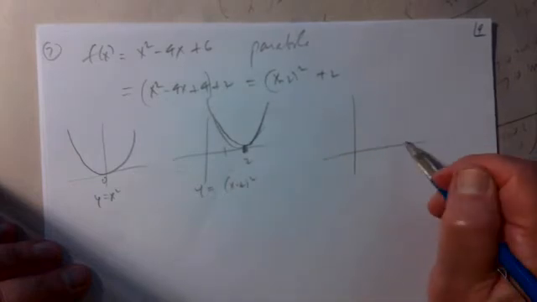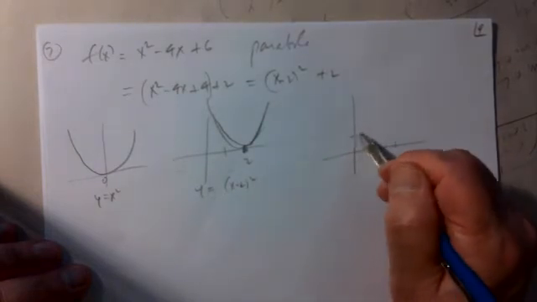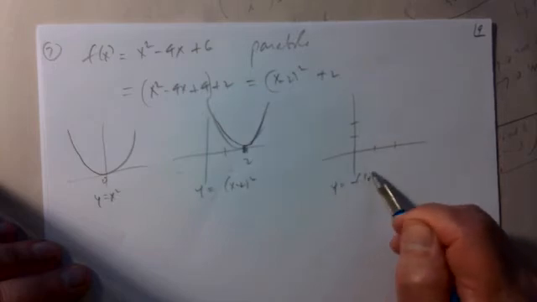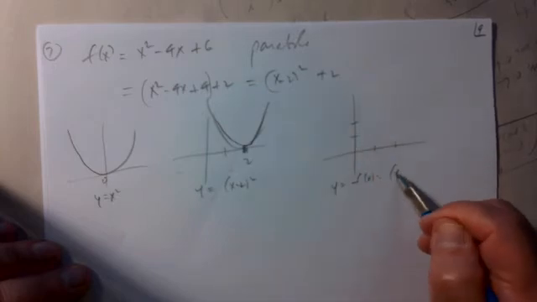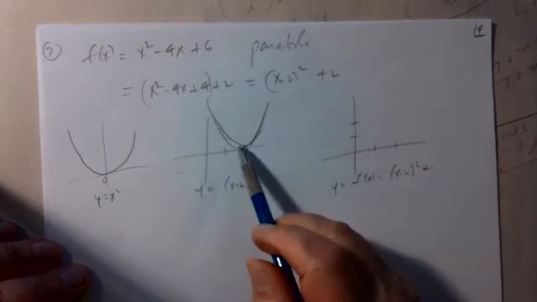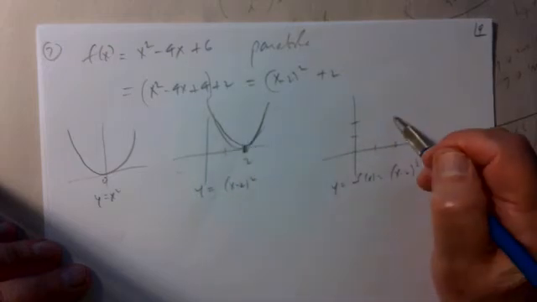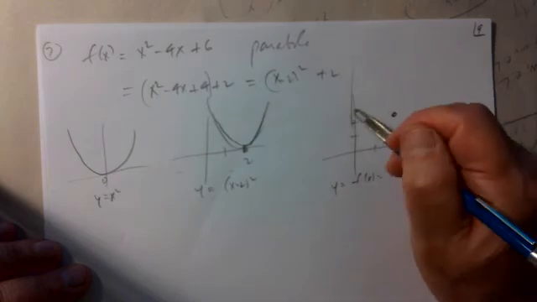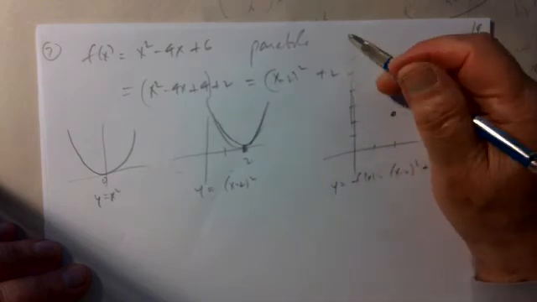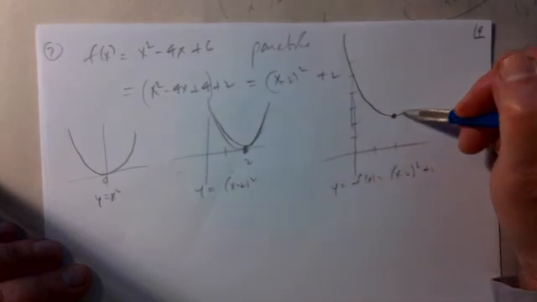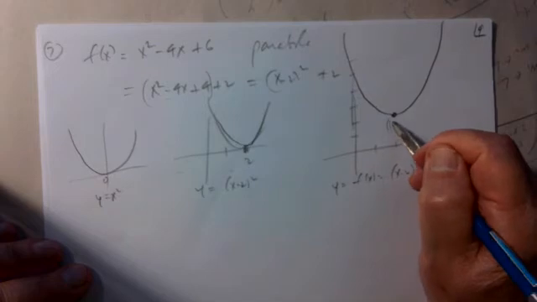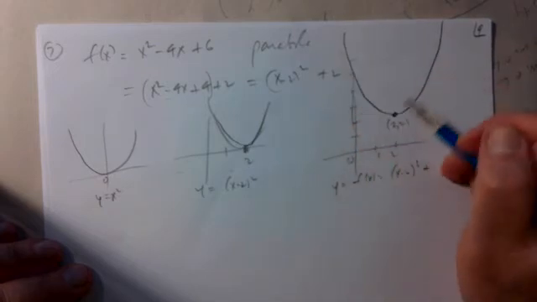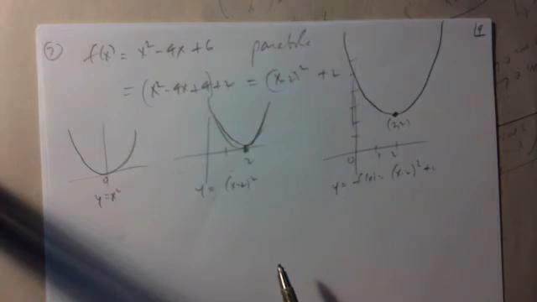And if you take my function f of x, which is the same as x minus 2 squared plus 2, it takes this parabola and moves it up 2. So the vertex is there at x equal 2. And this parabola looks something like that. Here's the point 2, 2. So that's the graph of my parabola.